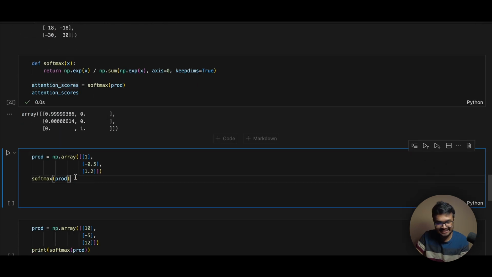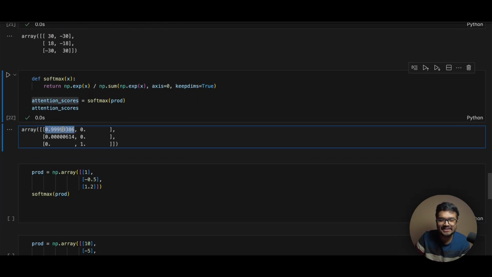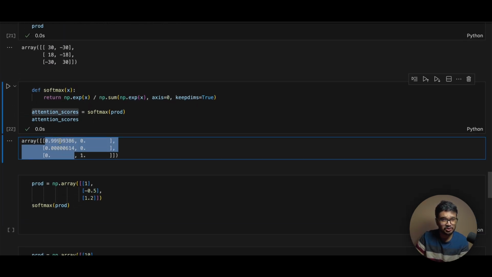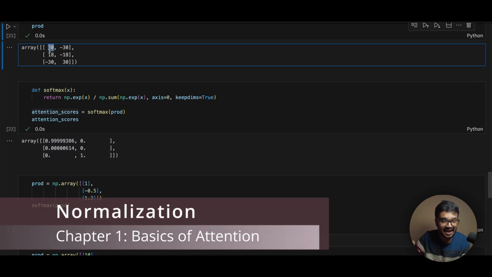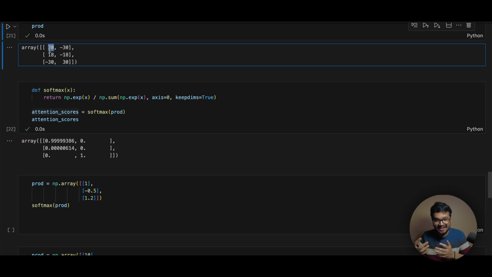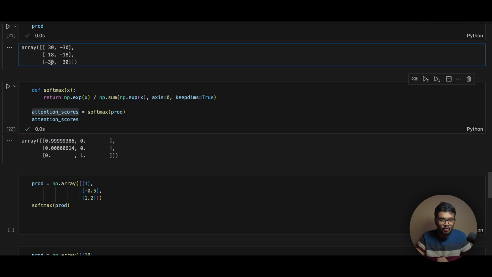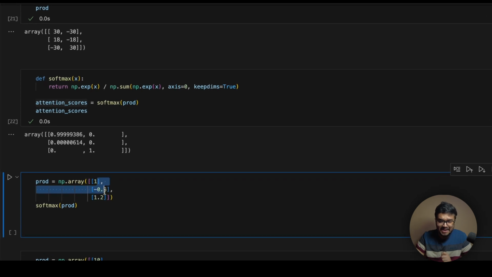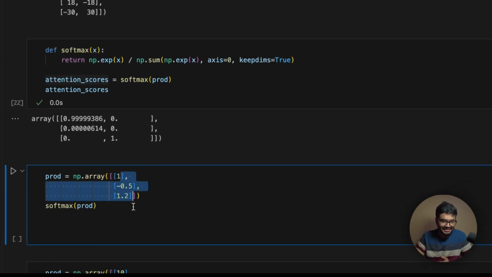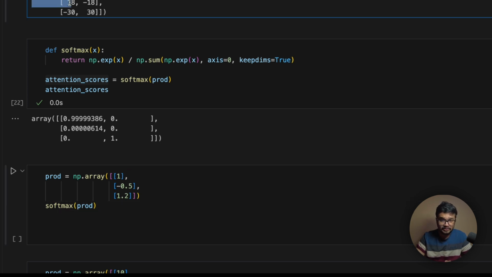So the next thing I want to point out is that here you can see the distribution is very skewed. Just because this number is very high, when you do softmax, it becomes more pronounced. The high values get a very high score towards the number 1, and the low values get a very low score. But imagine if the numbers were much smaller in scale, like 1, -0.5, and 1.2. These numbers are quite small compared to those numbers, right?